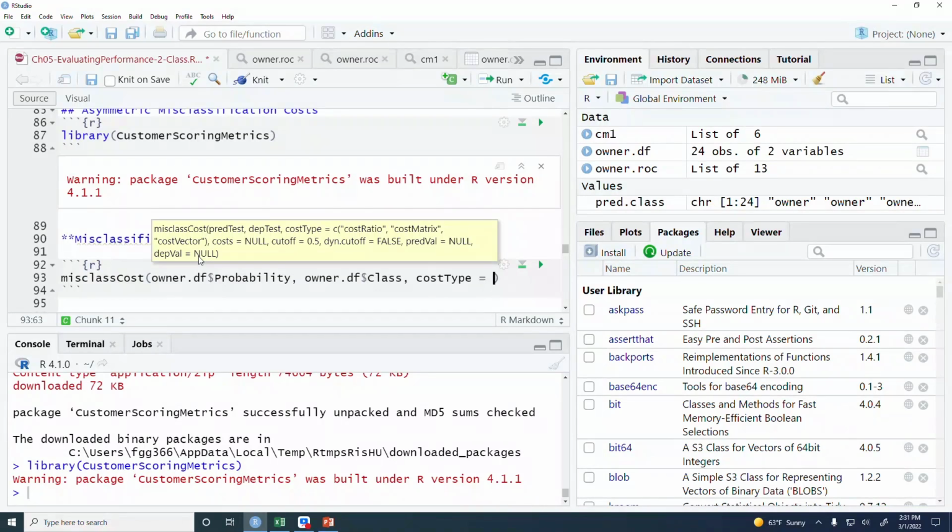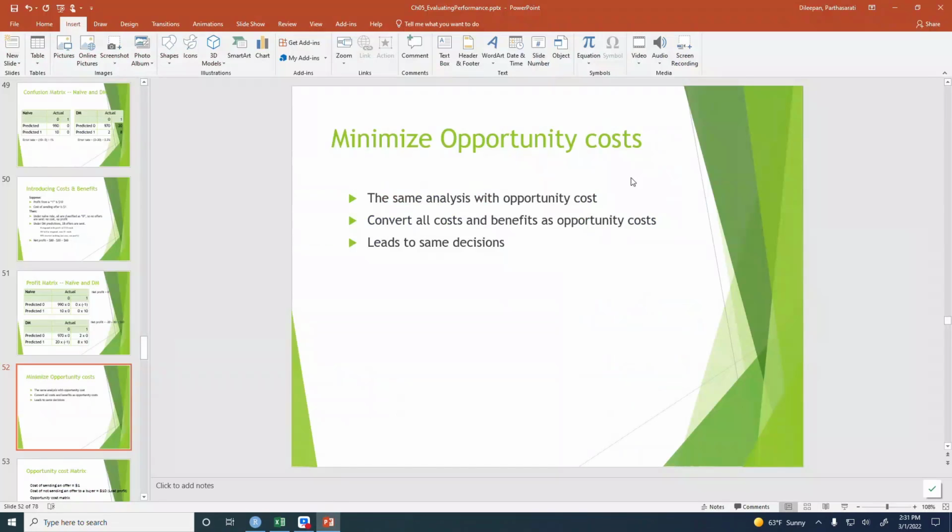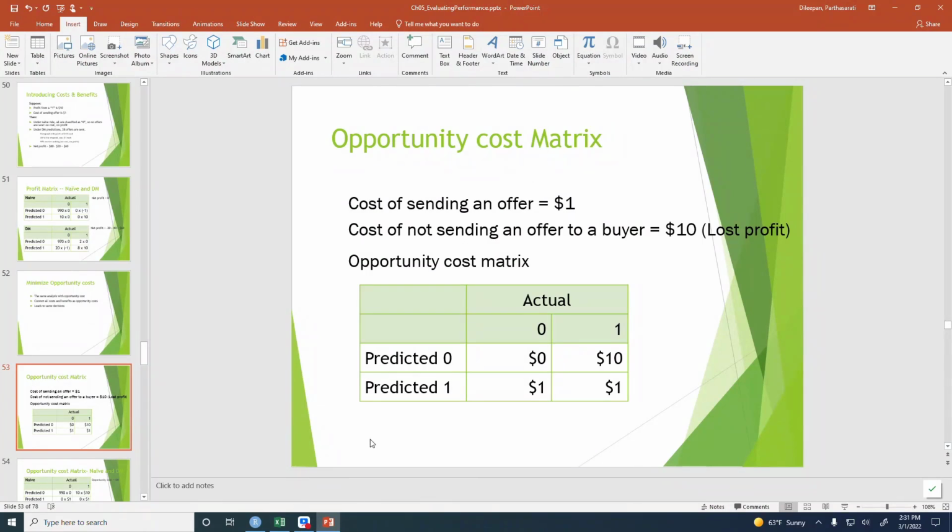Then we have cost type. There are two or three different ways in which you can specify it. We're going to look at two. One is the cost matrix. So if actual is 0 and predicted is 0, there is no cost. But if actual is 1 and you predicted 0, there is a cost of $10. If you predicted 1, there is a cost of $1.